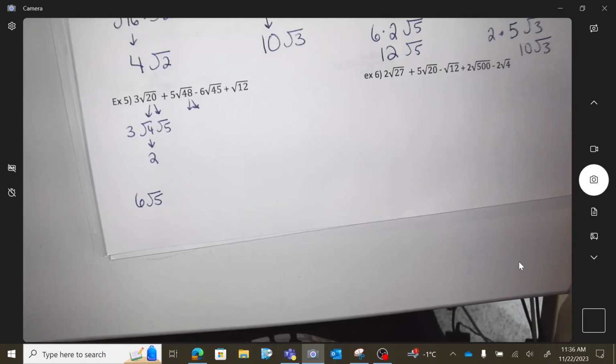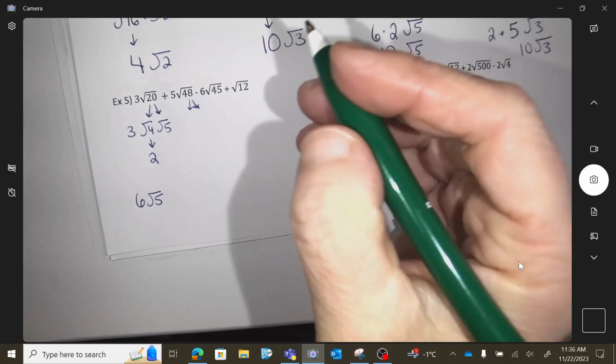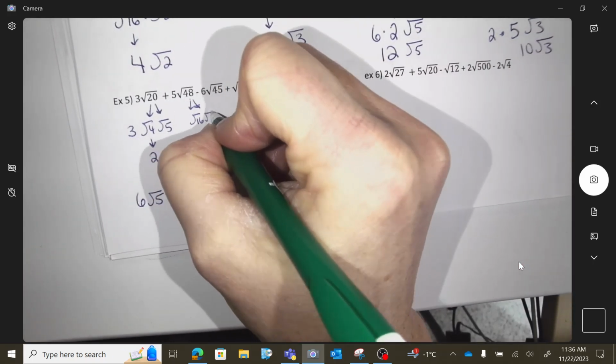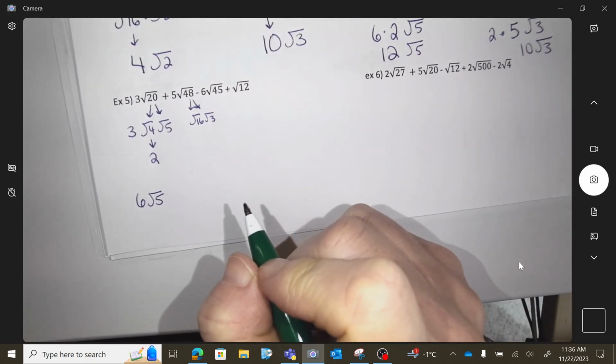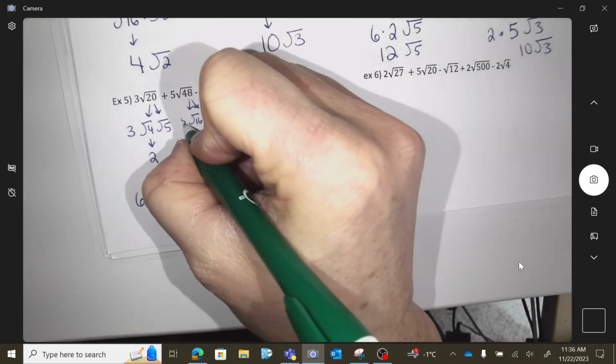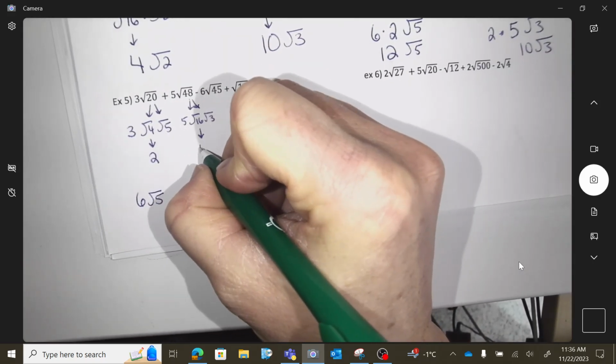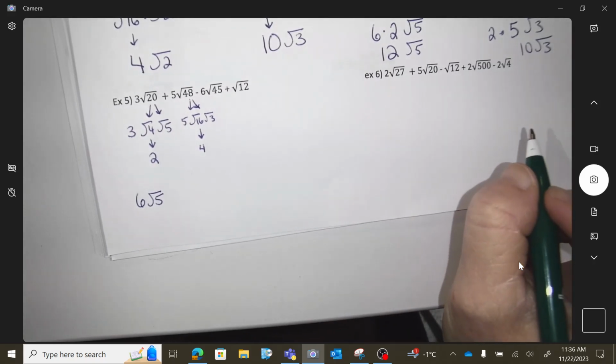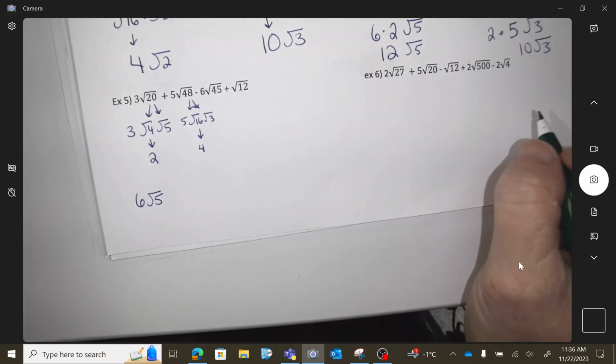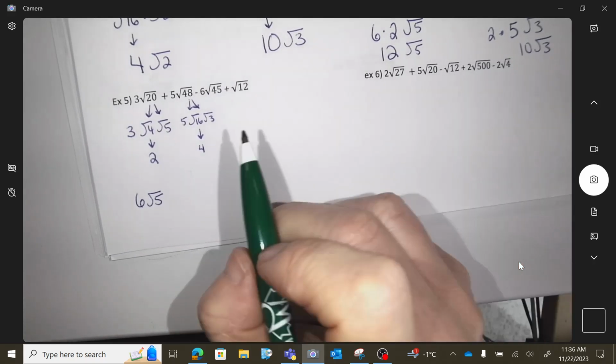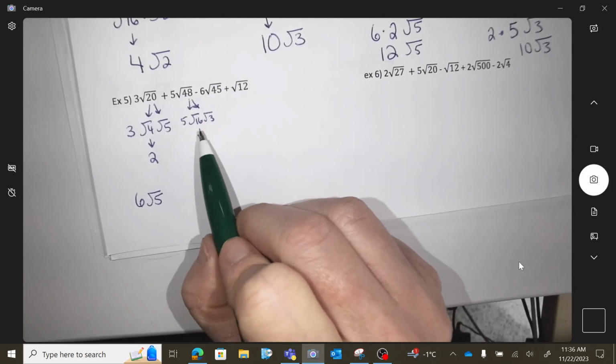What's your divisor there? What are you picking to divide by? 16, okay? Yes, it's divisible by 4, but there's more to it. So 16 times 3 is 48. 16 times 3 is how I got the root 48.